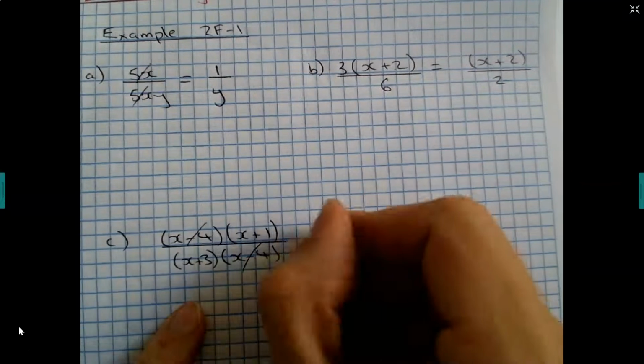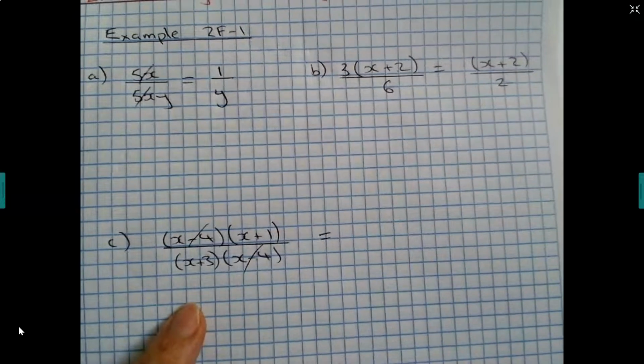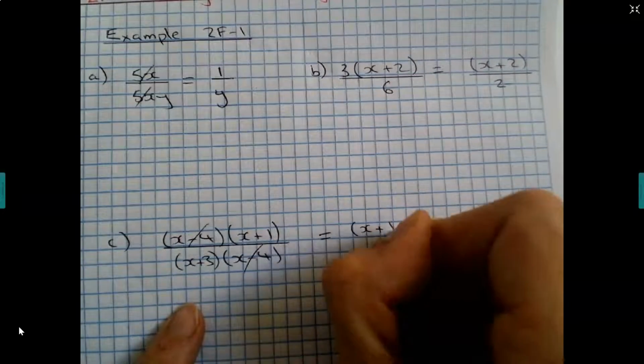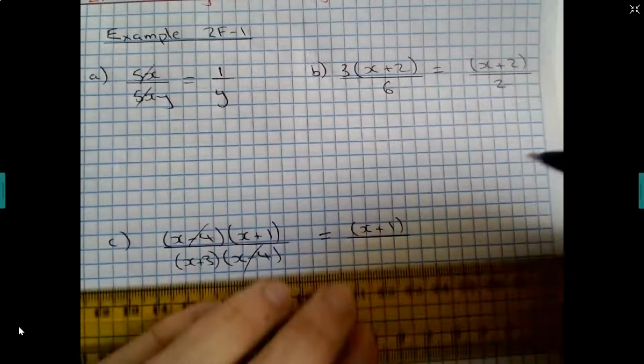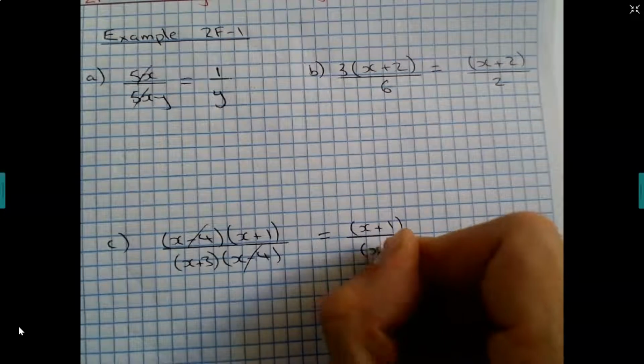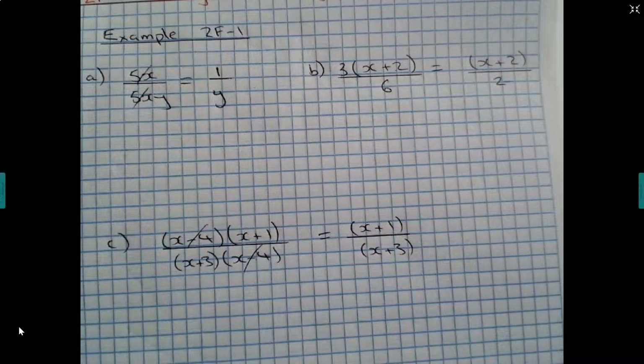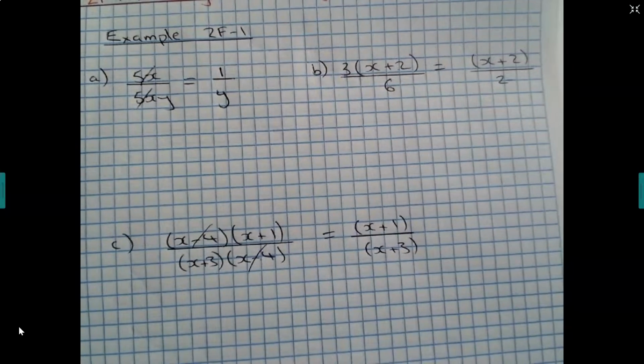So what am I going to be left with at the top? Good, x plus 1 over, good, x plus 3. Alright, and again we've simplified that fraction. So through these divisions we've simplified.